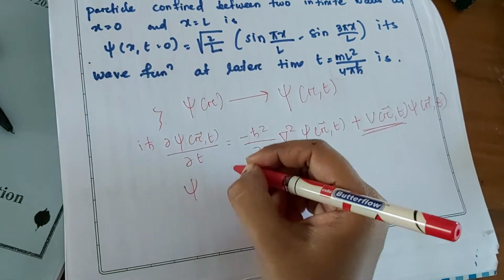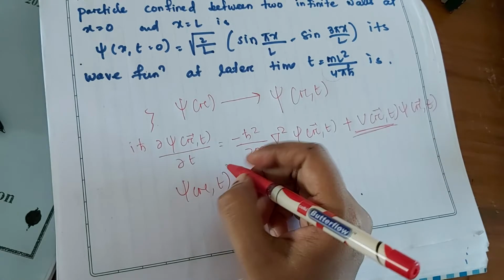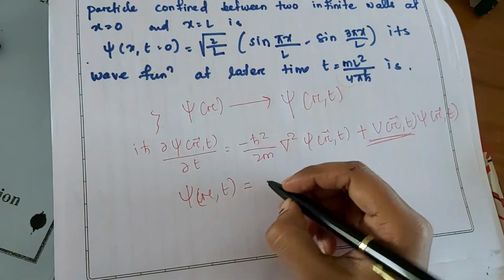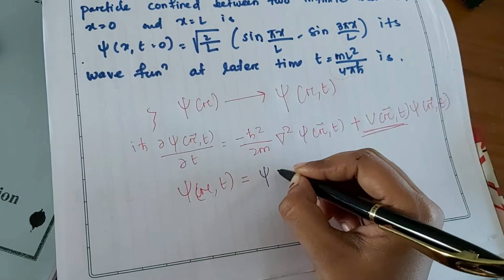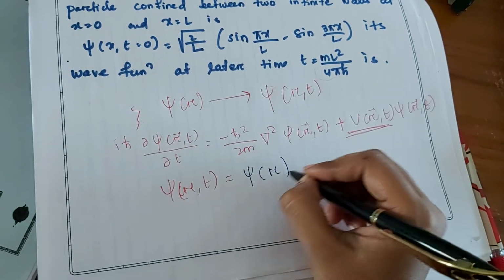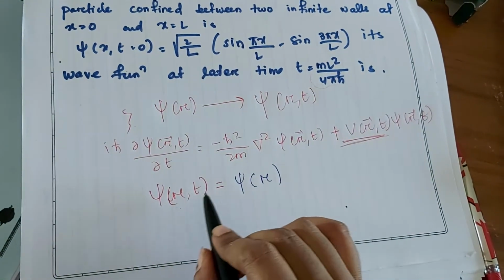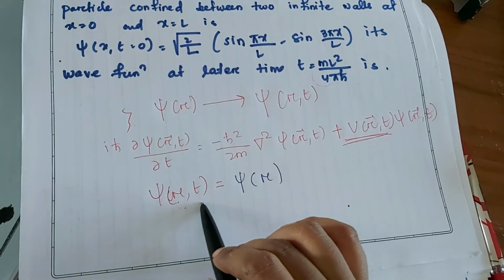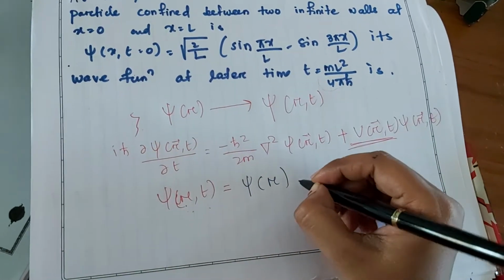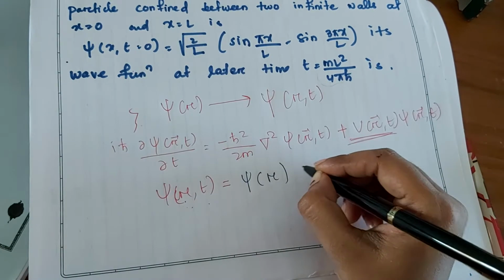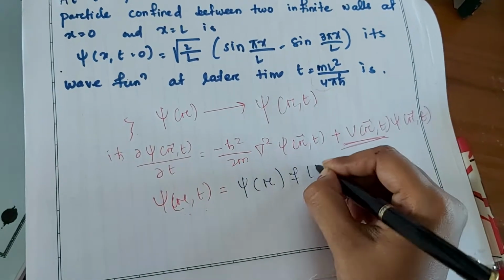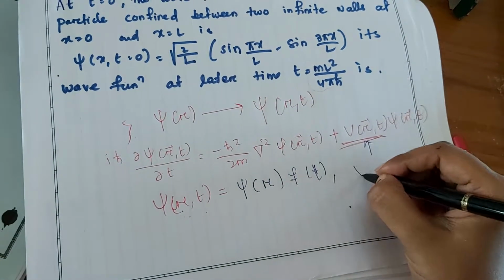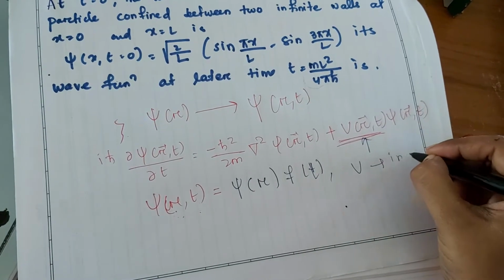So psi(r, t), a wave function which depends on position as well as time, we can separate into a spatial function and a time function, provided the potential energy u is independent of time.